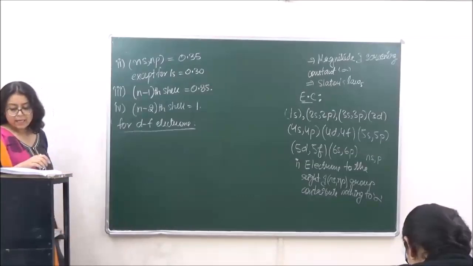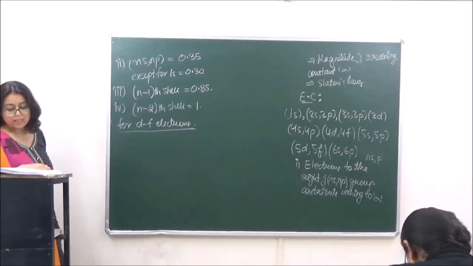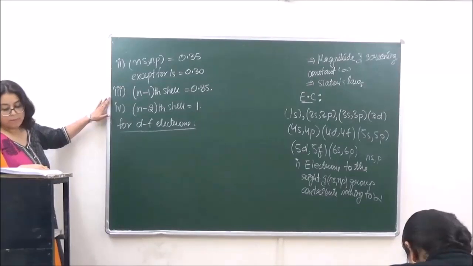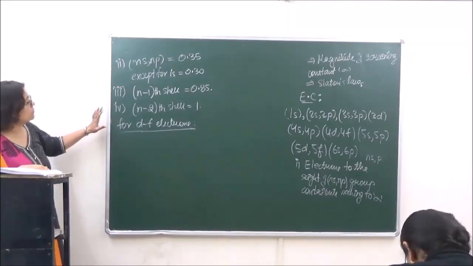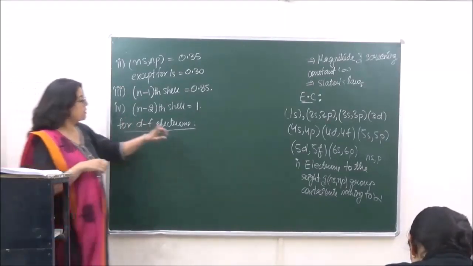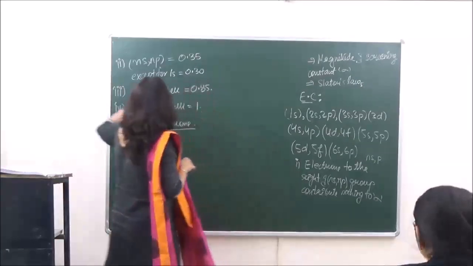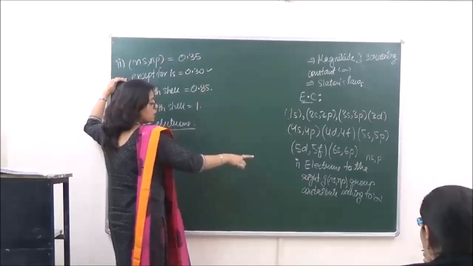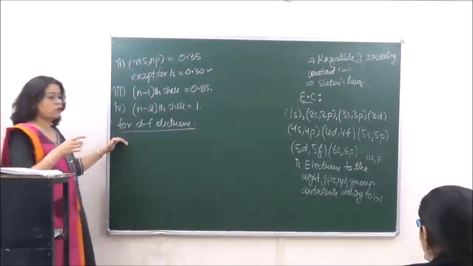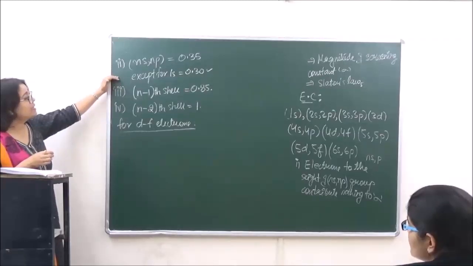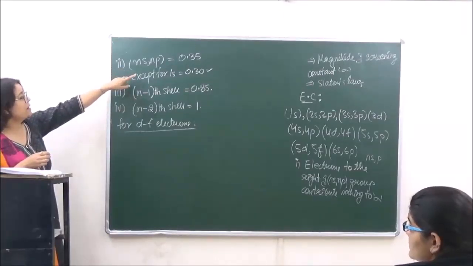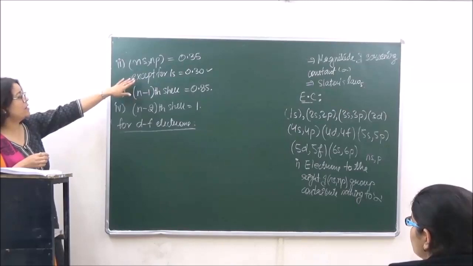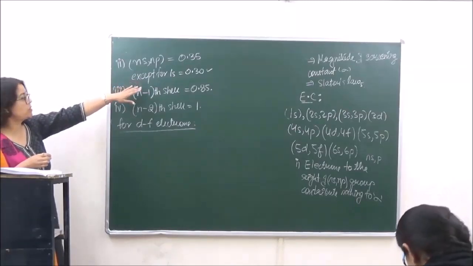In this case, the first to third remain the same. For the first, anything to the right does not contribute anything. For the second, anything to the left, ns and np, will contribute 0.35 except for 1s, which is 0.30.